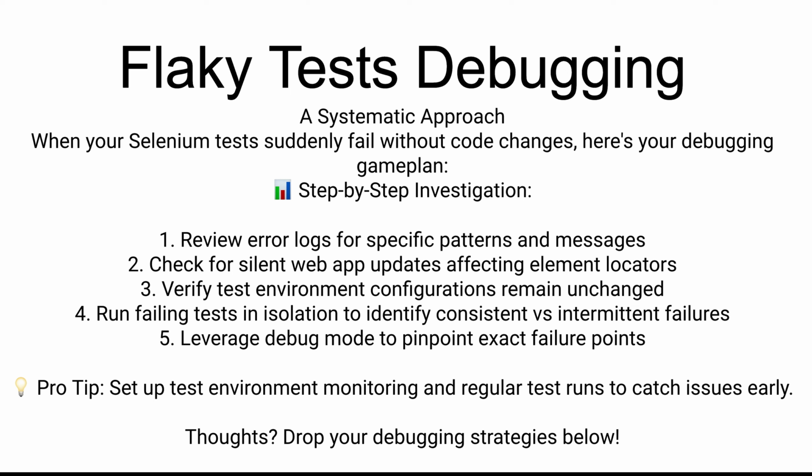So here I have mentioned a couple of things for debugging those flaky test cases. The first one is to review error logs for specific patterns and messages. Whenever a test case fails, we should check the logs so that we can identify the actual problem, whether it's due to an element not found, an element not present, or maybe any other reason.